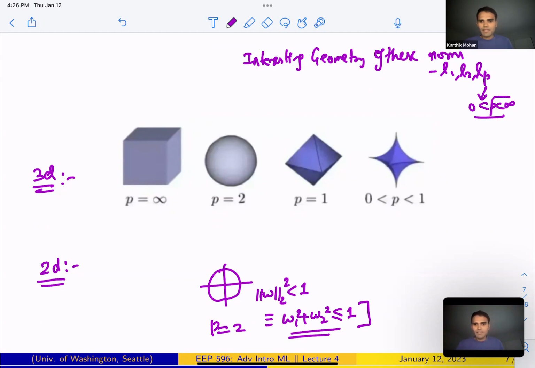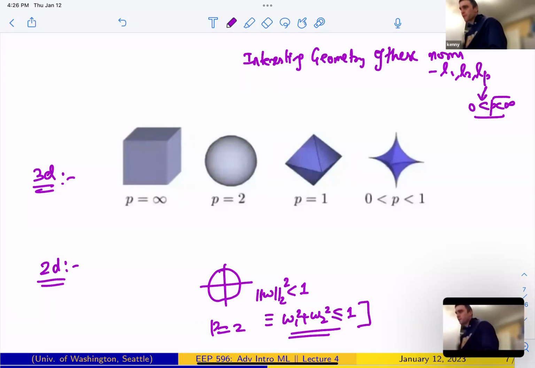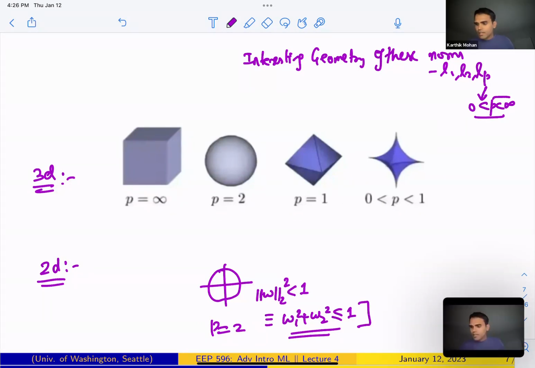The error function? It's like a sum of squares, like the error function. Yeah. And then it's also the equation of a circle, right? If you equate it to 1, that's a circle. It's all the points on the circle. And if it's less than or equal to 1, it's this shaded area.